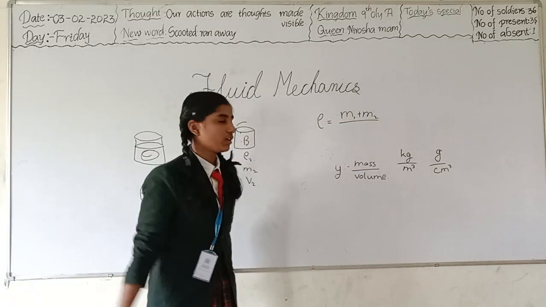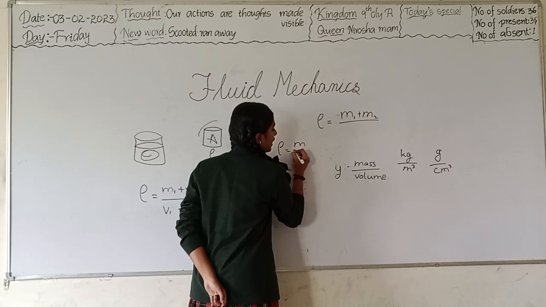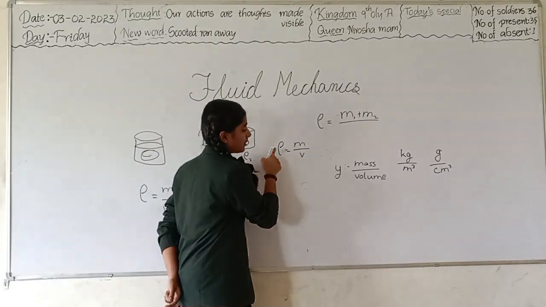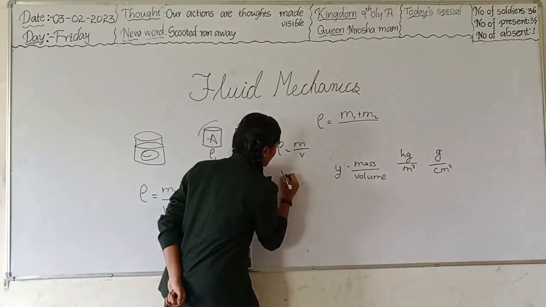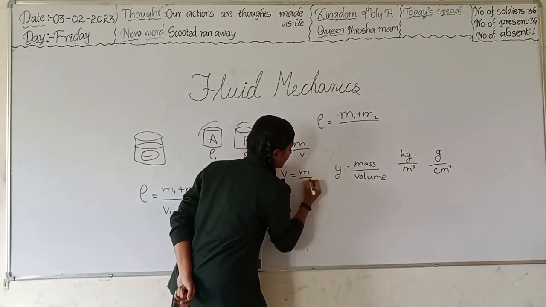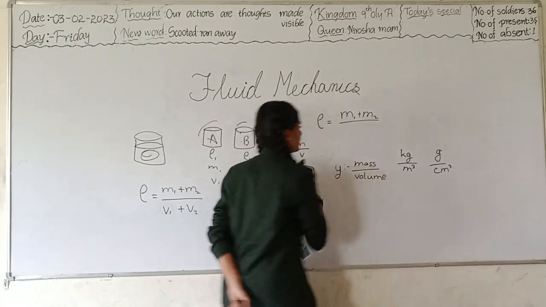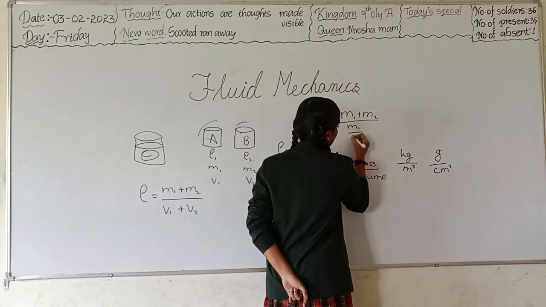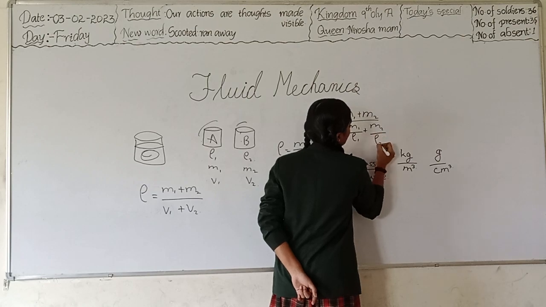As we don't know the volume, we know rho equals m by v. So we shift this from here to here. Then v equals m by rho. So we got the value of v, and we substitute this value here. So it becomes m1 by rho 1 plus m2 by rho 2.